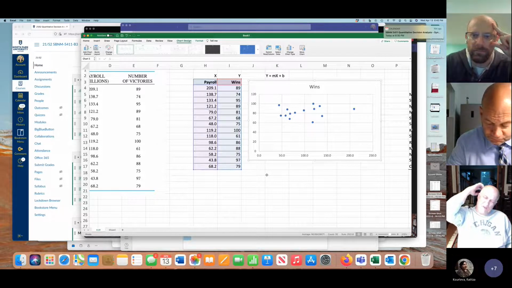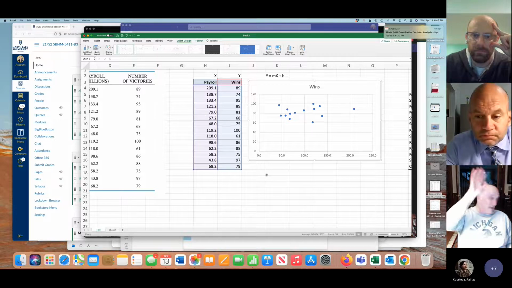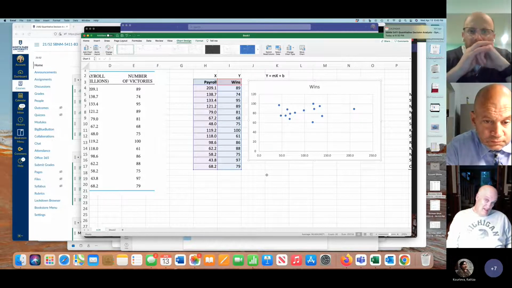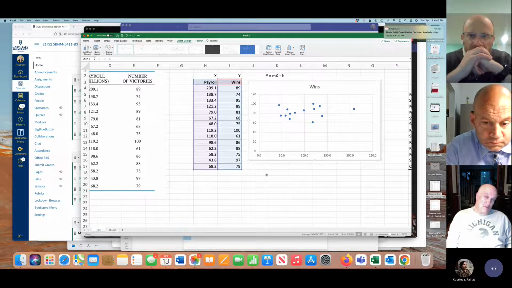I never have many Y variables. That becomes a really hard problem that we're not even going to go there. We only have one thing we're trying to predict at a time. One Y. In this case, it's wins. And the only variable we're using to try to predict it is payroll.